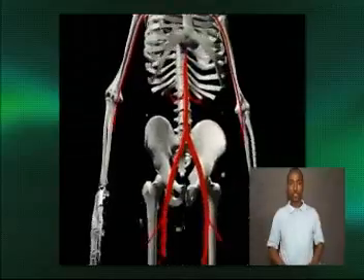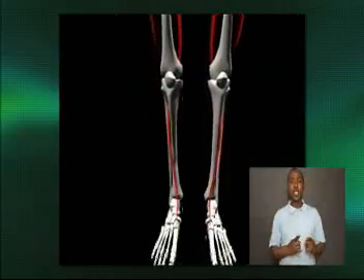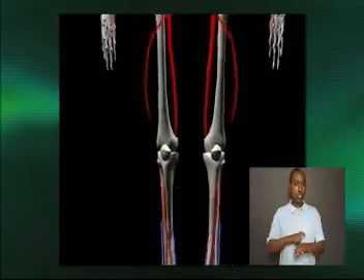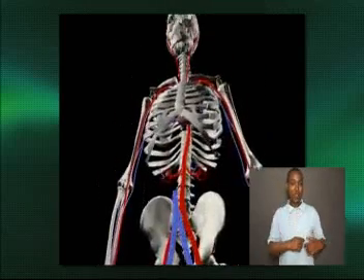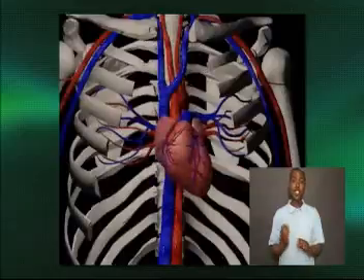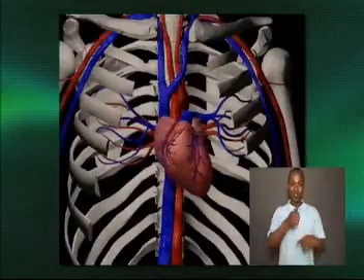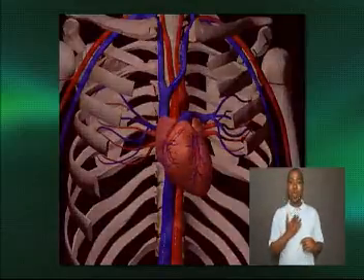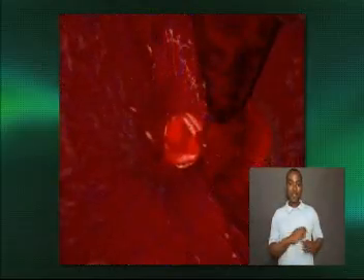Systemic circulation occurs as the blood leaves the heart, supplies the body's cells, and then re-enters the heart. Blood leaves through the left ventricle to the aorta. The aorta leads to smaller arteries and finally the capillaries.